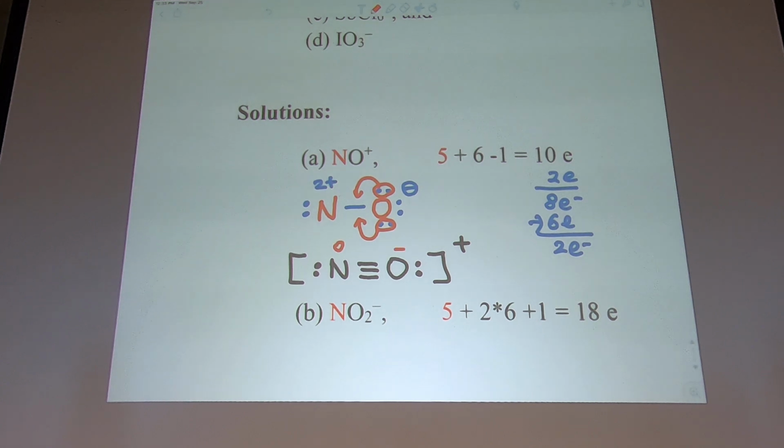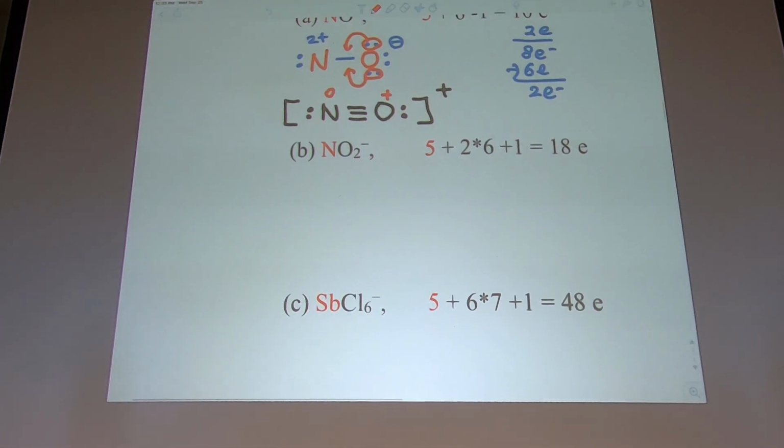This one is plus. So when people write NO+, this statement means the NO overall charge is plus 1. By looking at the Lewis structure, we can say that this plus charge is localized onto oxygen.